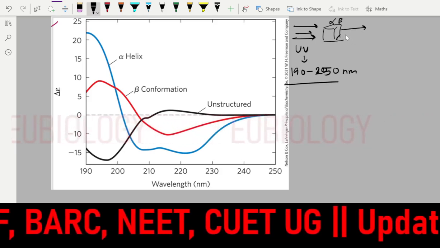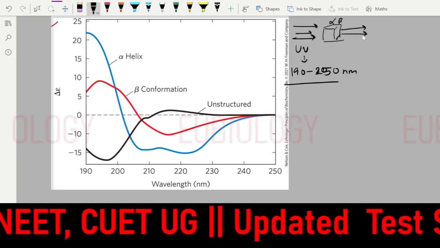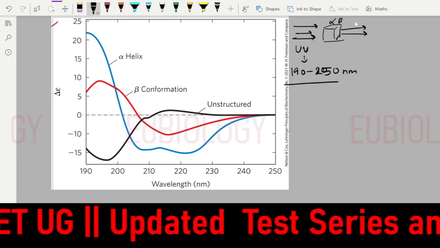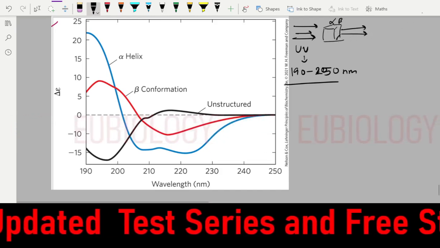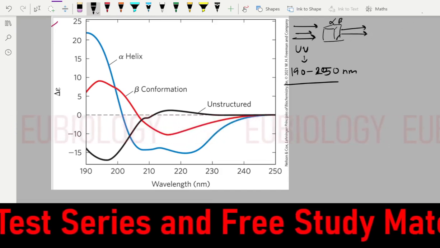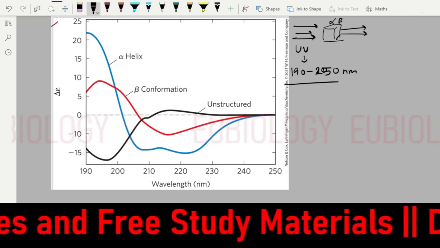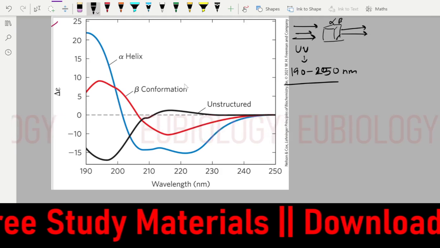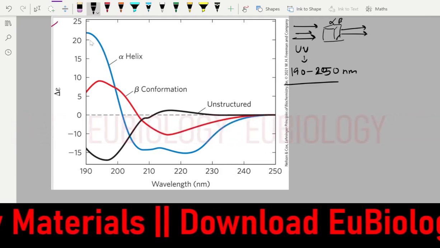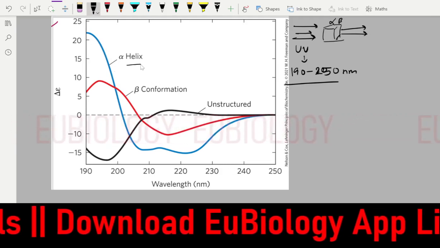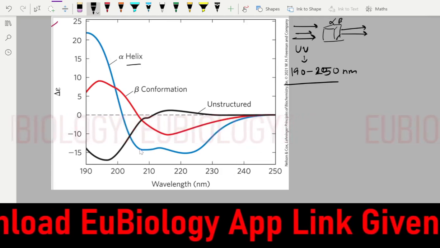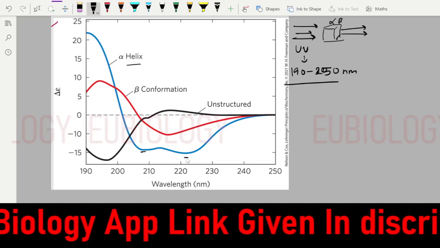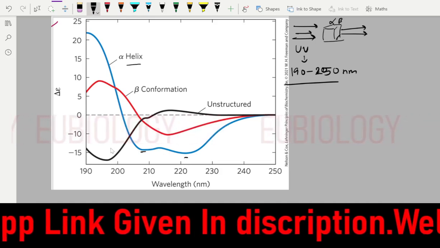If you give this range of UV rays, left and right polarized light will be there, and there will be some absorbance because of the left and right polarized light. The difference between the absorbance of the right and left polarized light will give this graph, and this peak will tell you the alpha helix is there, giving two peaks downside.